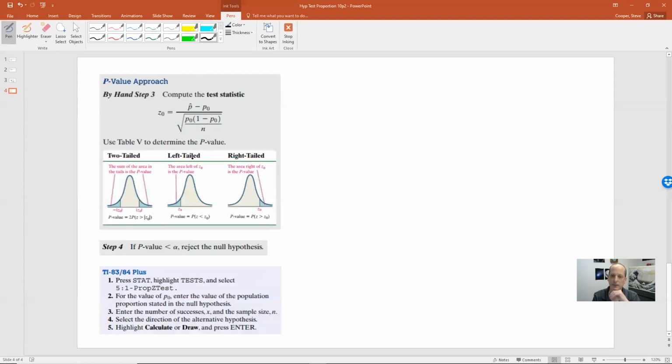In our case, since it's a left-tailed test, it's the probability that z is less than z naught. So it's just the area to the left of z naught.